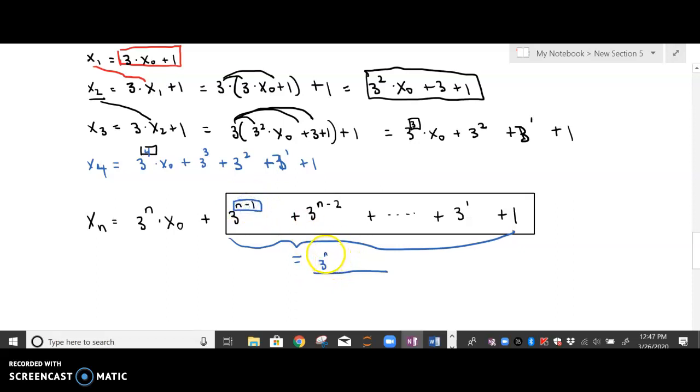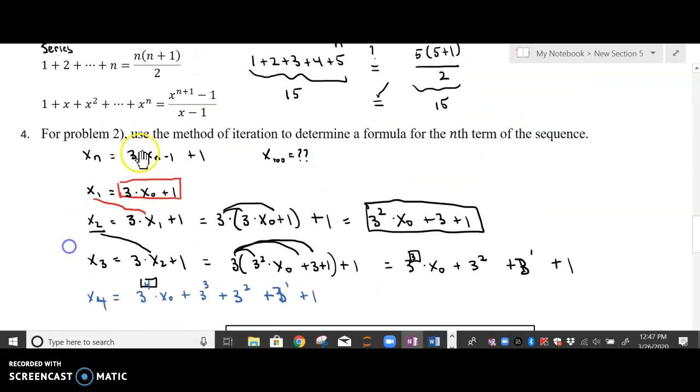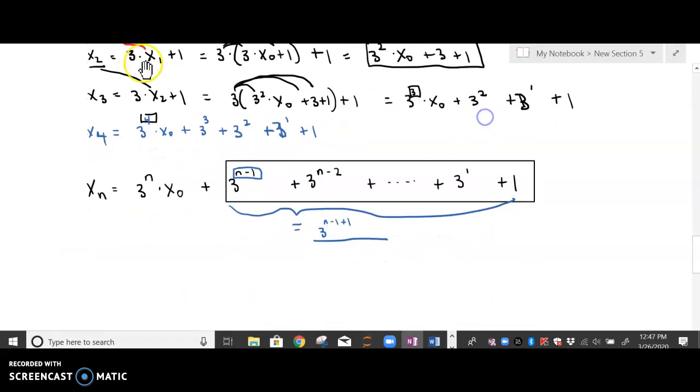So n minus 1 is my largest power, plus 1, and then I subtract 1 and divide by 3 minus 1. That comes out to n minus 1 plus 1, which is just 3 to the nth, minus 1, over 3 minus 1, which is 2.